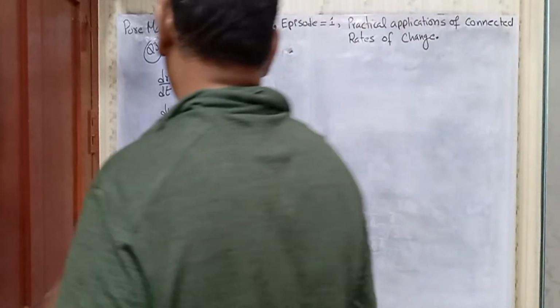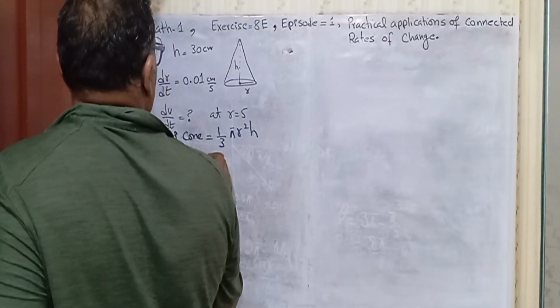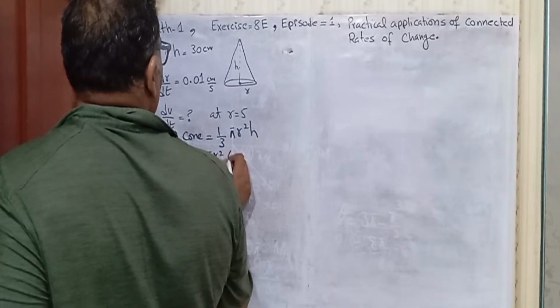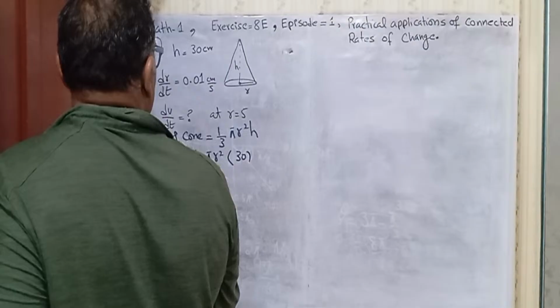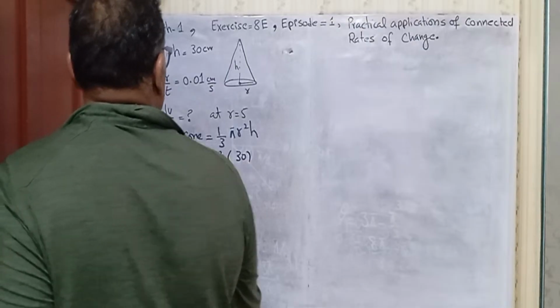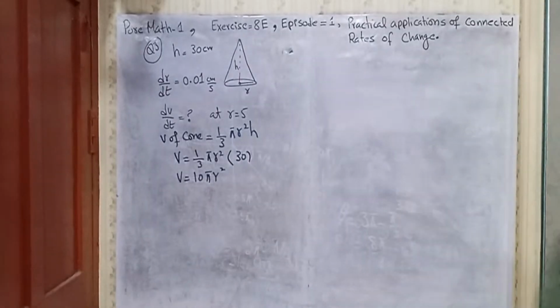So V equals 1 by 3 pi r square h. The height is fixed at 30 centimeter, so V becomes 10 pi r square.